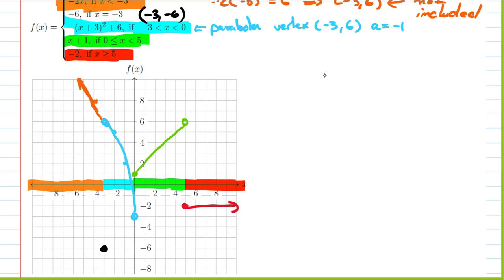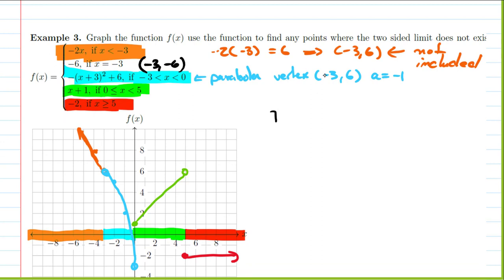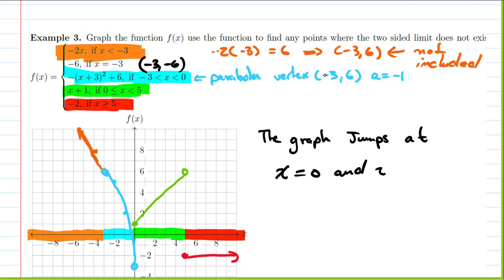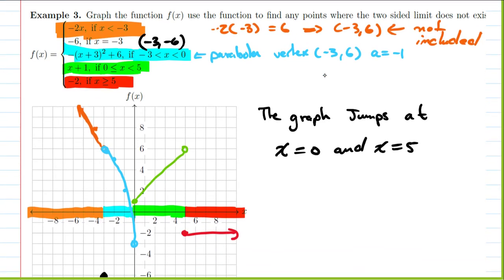So based on our definition, where does our graph jump? So the graph jumps at x is equal to 0 and x is equal to 5.